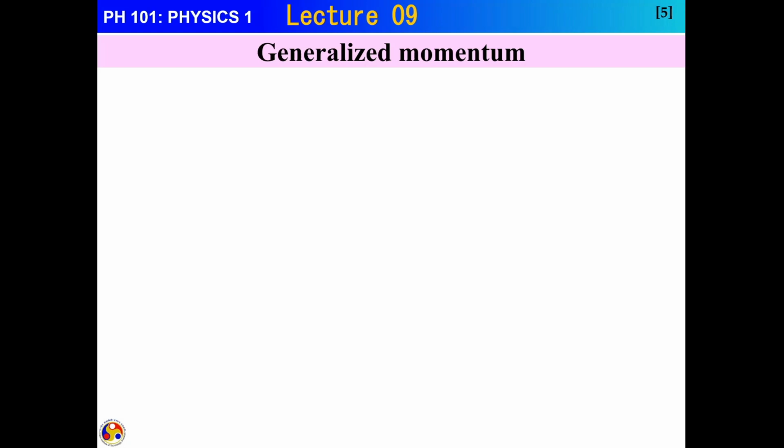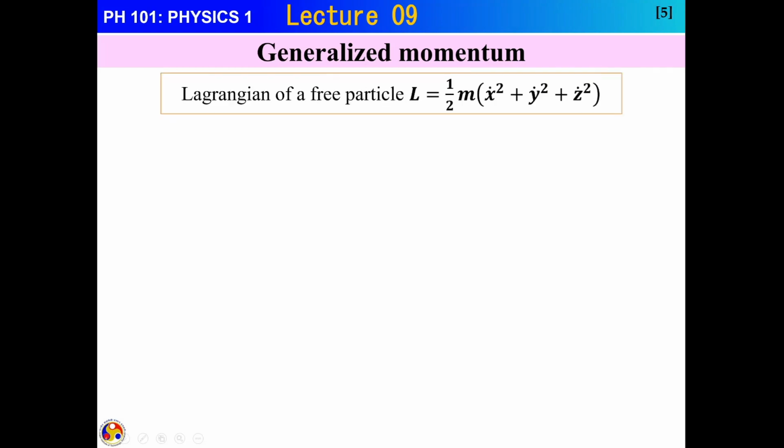Okay, let's take a simple example to start with. If I consider the Lagrangian of a free particle, which we can very well write as L equal to half m times (x dot square plus y dot square plus z dot square). That's nicely written.